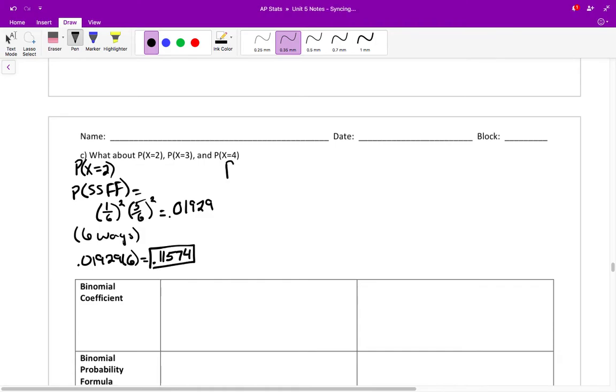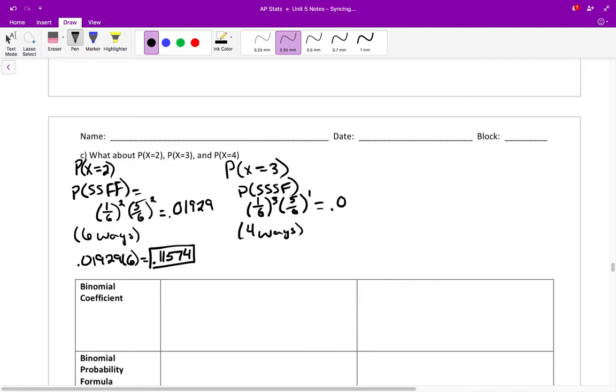Okay, in a similar way, let's calculate the probability that x is equal to 3. One possible way that that can happen would be to have 3 successes in a row followed by a failure. To calculate that probability, remember success, 1/6. This time we raise to the third power. For failures, that would be 5/6, raising to the first power. There are a total of 4 different ways for this one, so we'll have to multiply whatever the probability is that we get by 4.